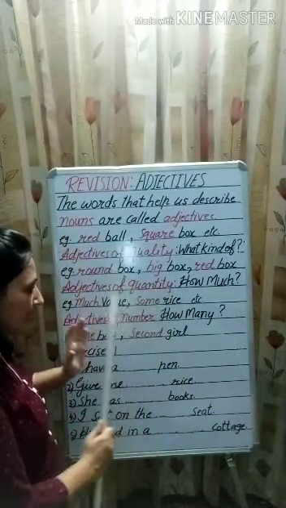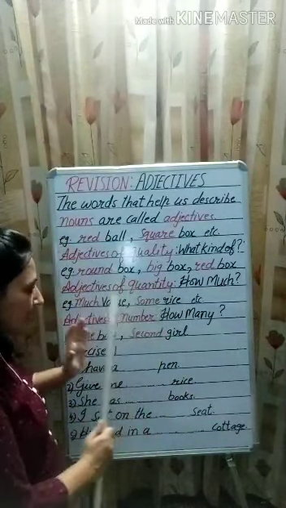Now let us discuss the last one, that is adjectives of number. Adjectives of number are very simple. They tell us how many of a person or a thing, or also tell us the order of a person or a thing. For example, how many markers do I have in my hand? Yes, 2. So it tells us the exact number.